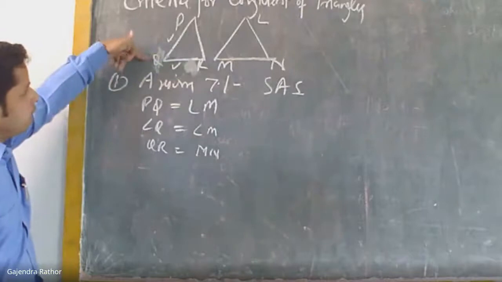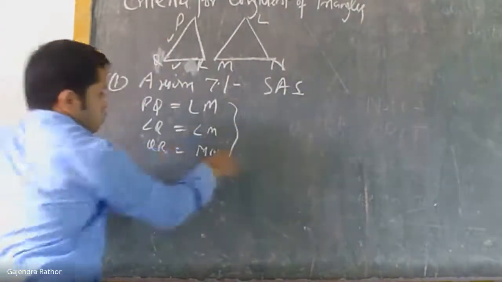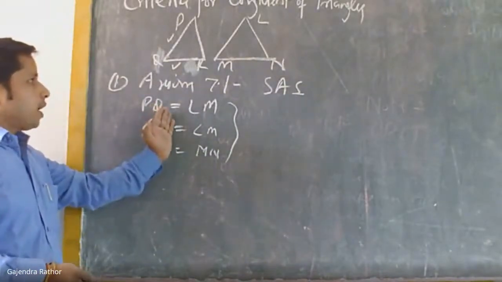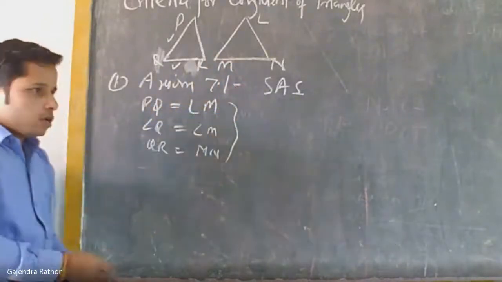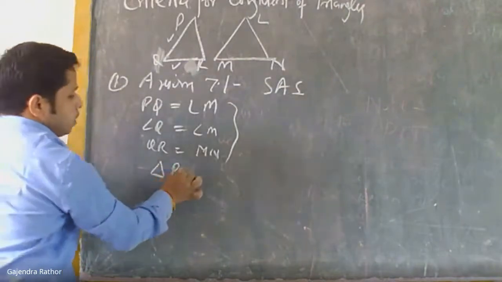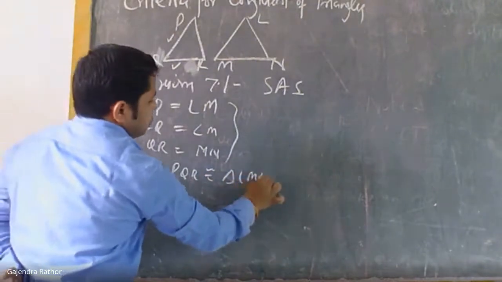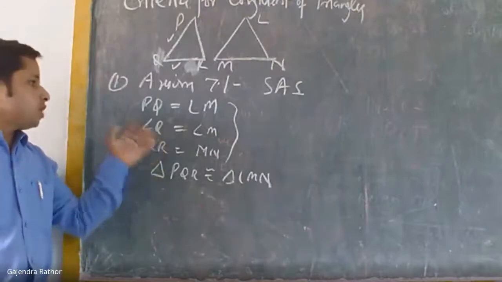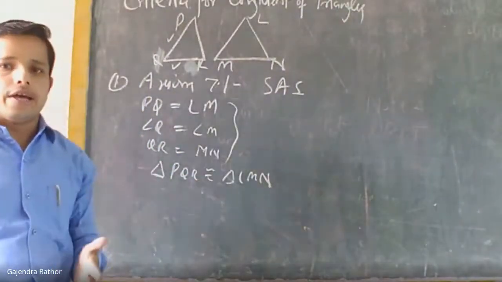If these three parts of one triangle are equal to the corresponding parts of the other, the triangles are congruent. That's why this is called the SAS congruence criterion.